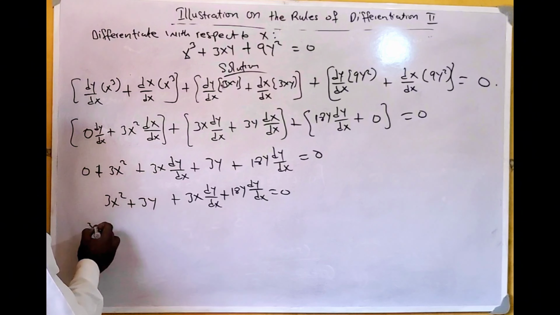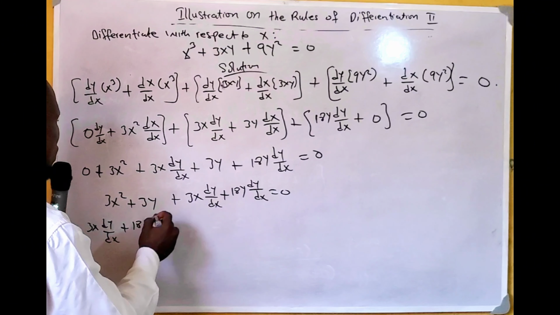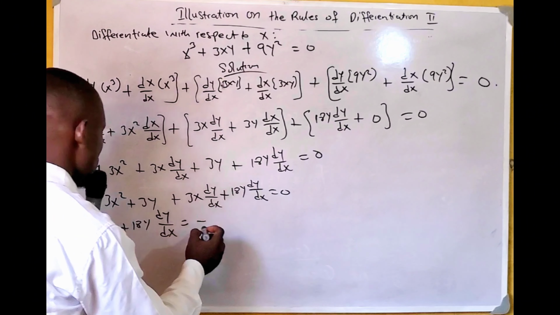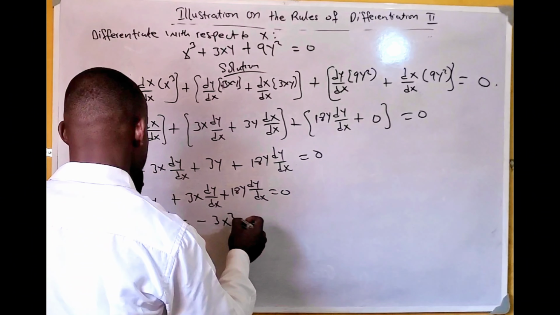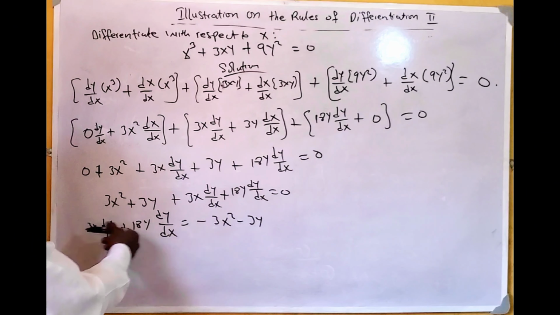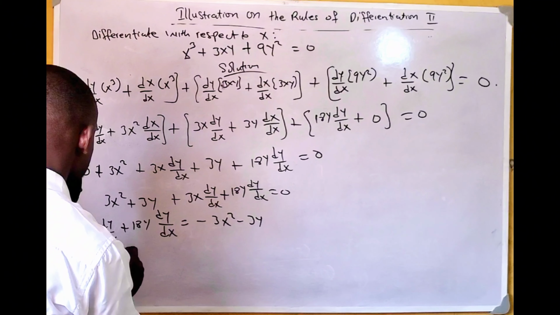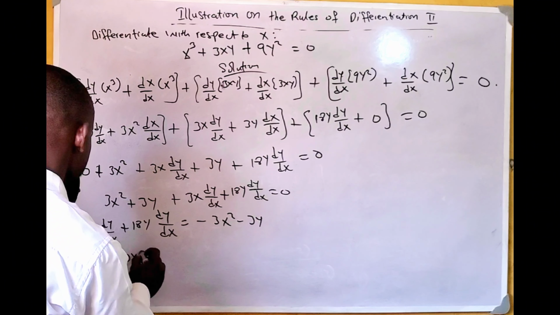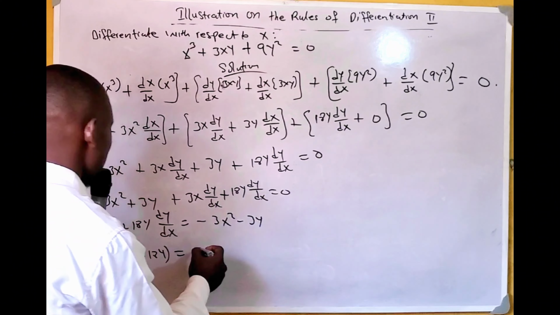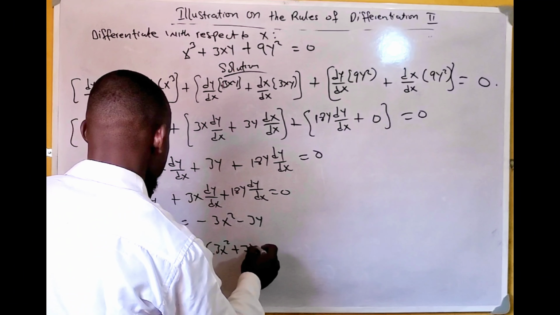That is, we have 3x dy/dx plus 18y dy/dx equals to minus 3s square minus 3y. So from here we can factorize dy/dx, and we have dy/dx into bracket 3x plus 18y equals to minus into bracket 3s square plus 3y.